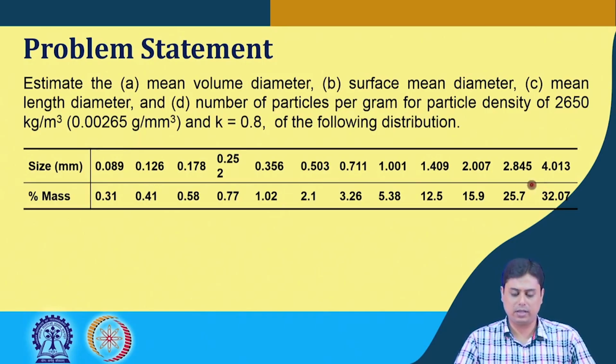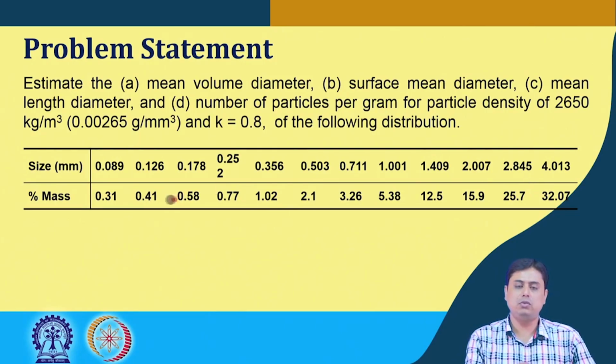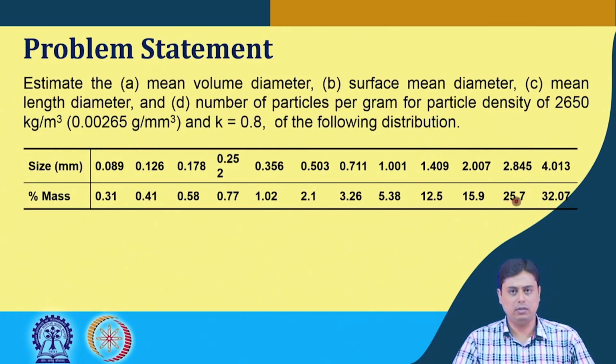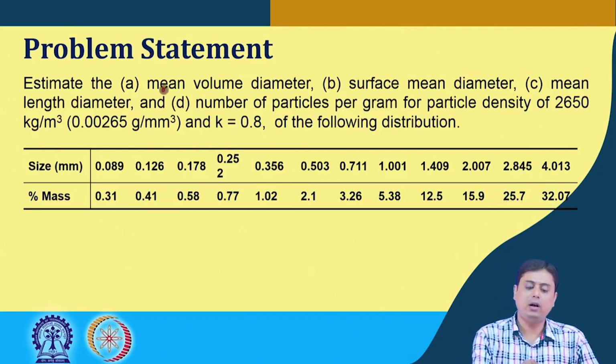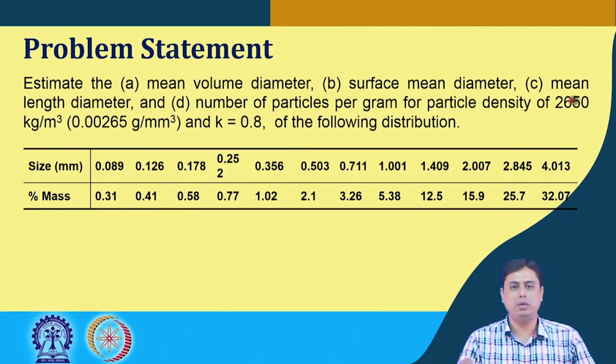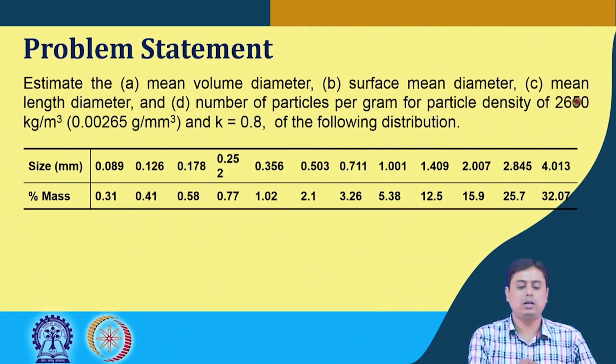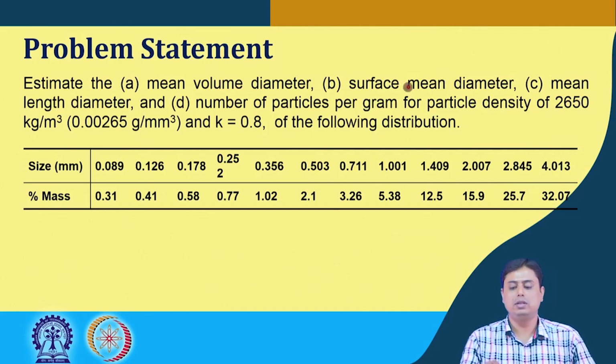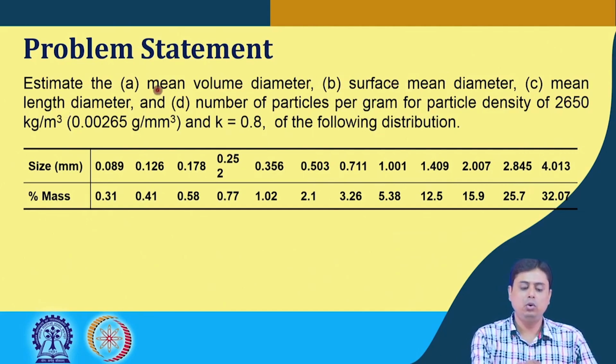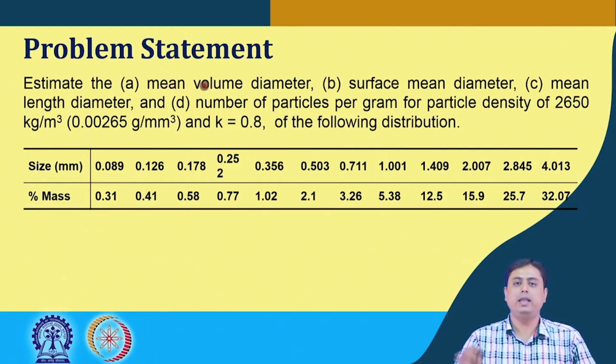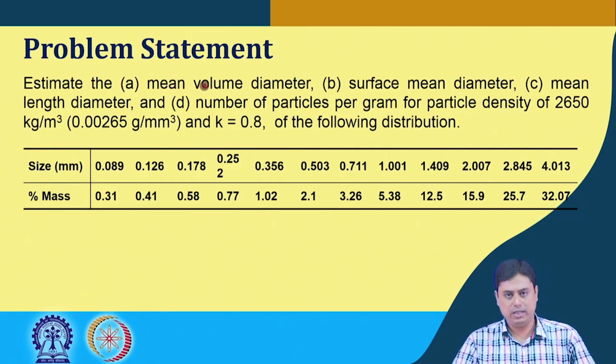So, particle size distribution in terms of mass fraction was given. We had to find out the mean diameters with respect to certain properties, which are volume, surface and length. Be careful to look at the adjective mean where it is written, because based on that the expression changes.